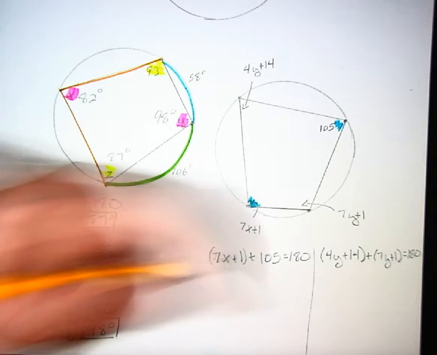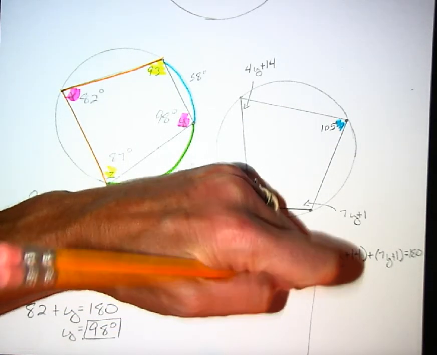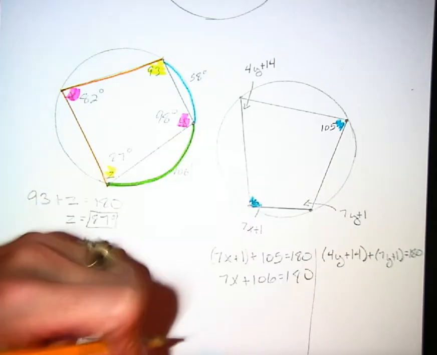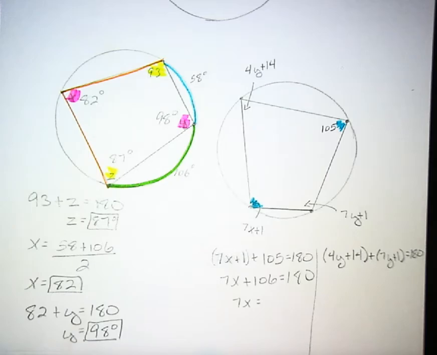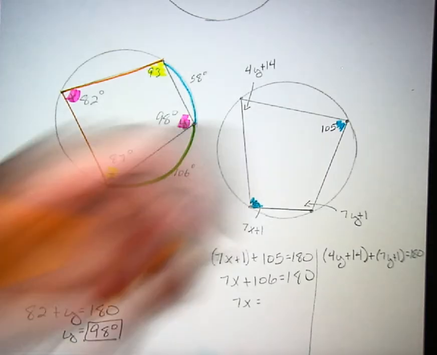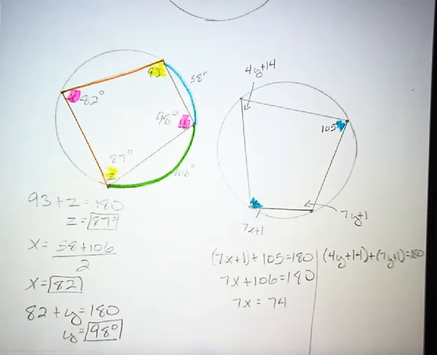So that would be 7x plus 106 equals 180. So 7x, if I subtract 106 from 180, I get 74. And if I divide that by 7, that's not right.